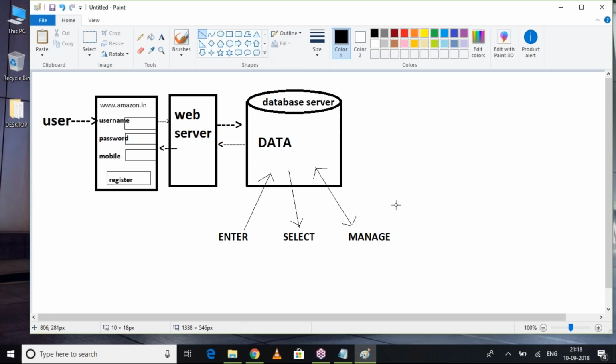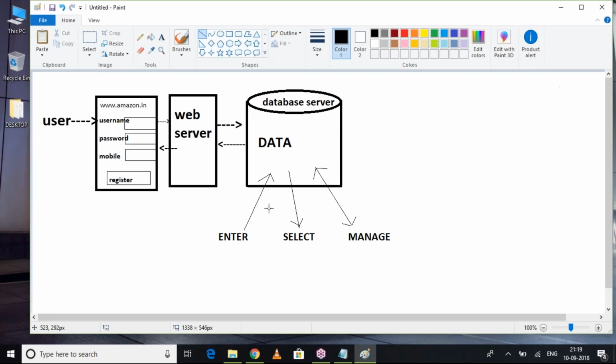This is called management. Just see the arrow marks, automatically you can understand. Entering data means from outside, data will be sent to the database server. From inside, how can I get data? Select. Inside, some data is there. I want to replace old data with new data. That is called managing the data.